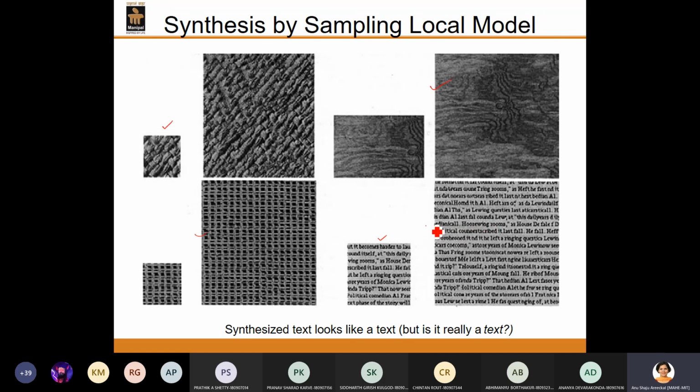So when you're synthesizing text images, you need to put in a constraint, or develop methods, that also ensure the words here make sense. This is just an example to show that although it works for texture images in general, for text images which contain words, this does not work well.